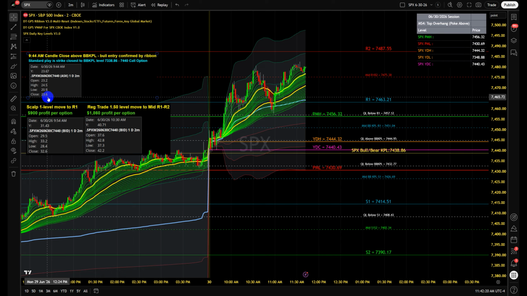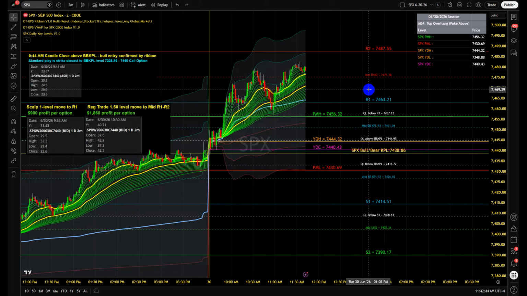So for example, if you're trading 3 contracts, then when it hits either the micro scalp, the 1 level regular scalp R1, or on a regular trade, the 1.5 level or 2 level move, you're exiting and closing out 60 to 90% of your contracts. So in the case of 3, that would be 2.